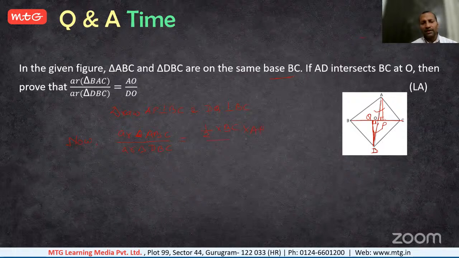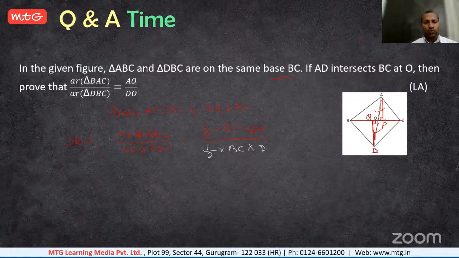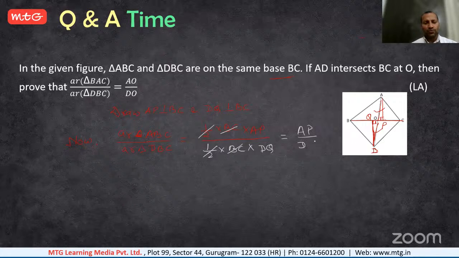Here it will be half, base again BC, and height DQ. So this half BC will cancel. So this is equal to AP by DQ. That relation we got.